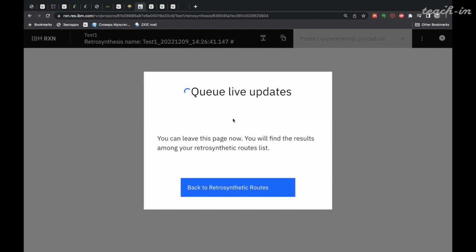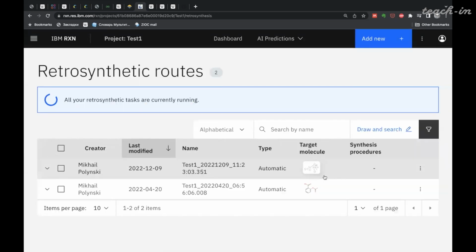The job is processed on the server, so we will need to wait a little bit. And before that, we can analyze some proposed synthesis.